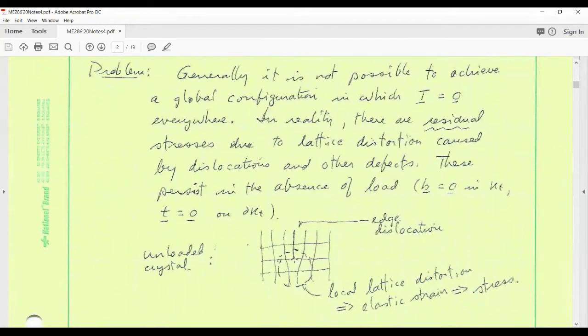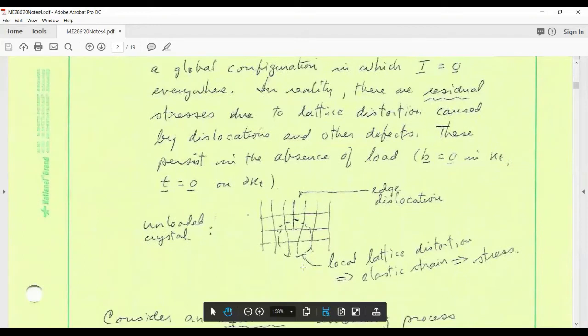This would be the so-called core where the dislocation line ends in the crystal. The presence of the dislocation induces a distortion of the adjacent lattice in the nearby neighborhood of that core. And the distortion of the lattice is what produces stress. In order to distort a lattice, you're straining the lattice and you're causing stress.